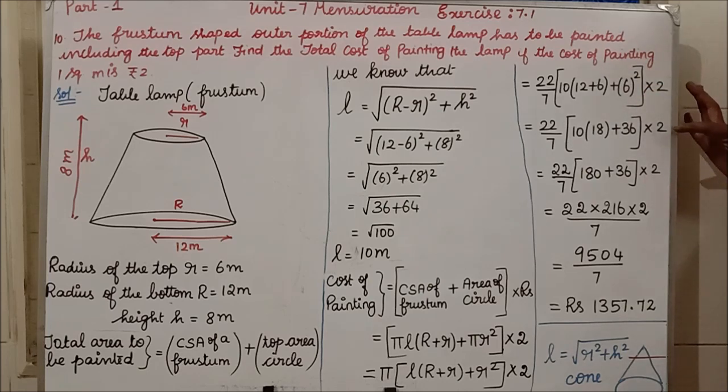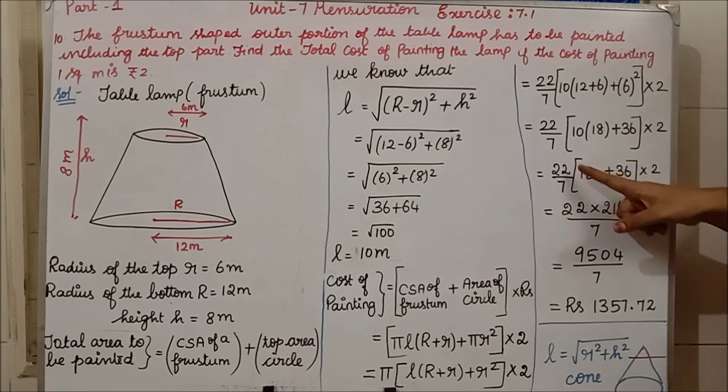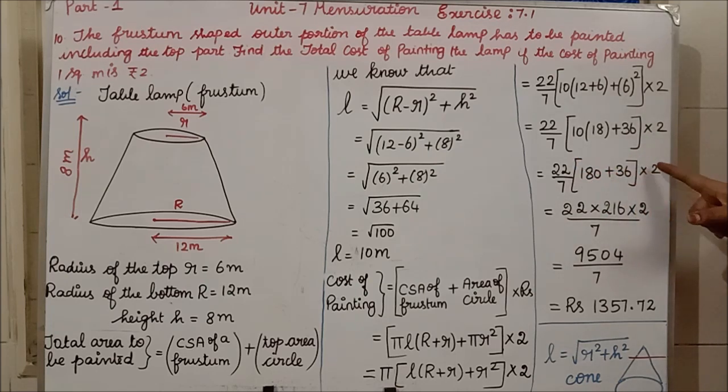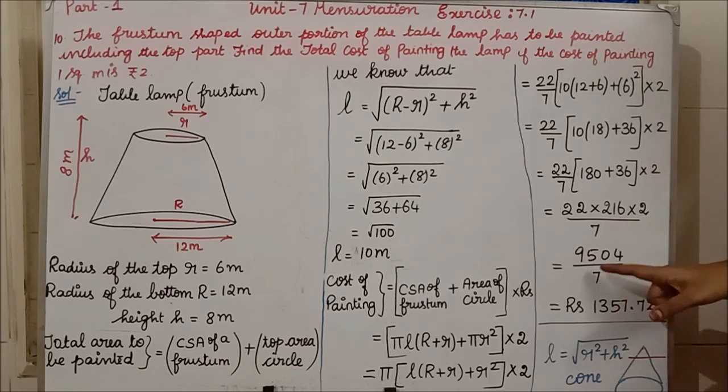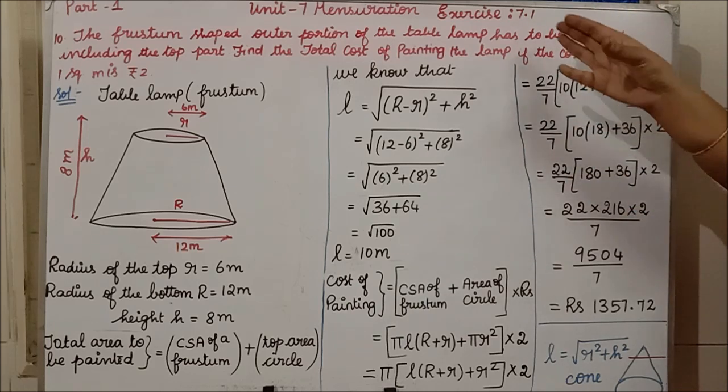After simplifying, I get 22 by 7 into (180 plus 36) into 2. So 22 into 216 into 2 is 9504. Dividing that by 7, we get 1357.72. That is the rupees to paint the table lamp.